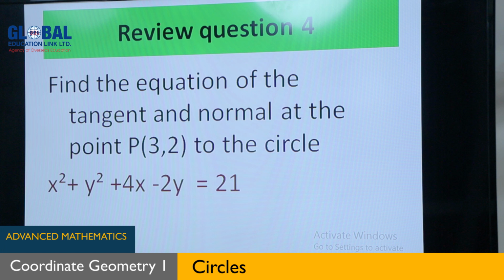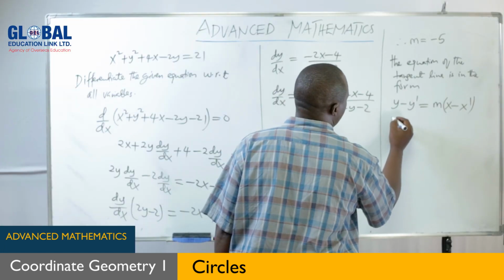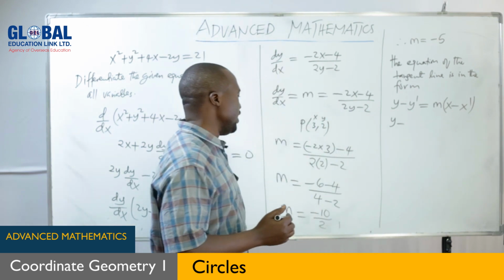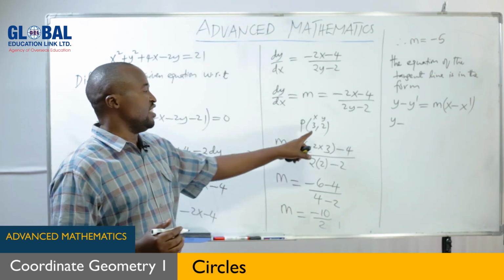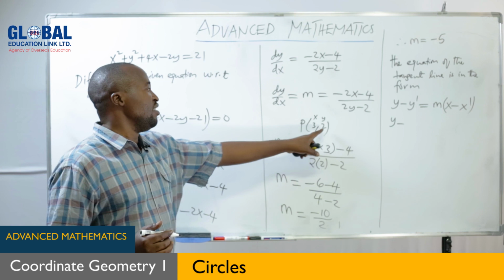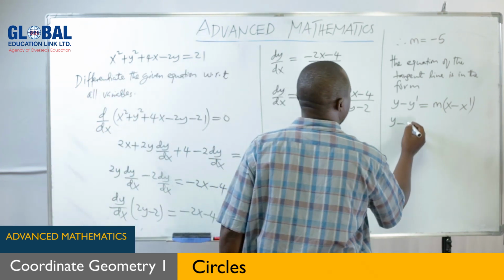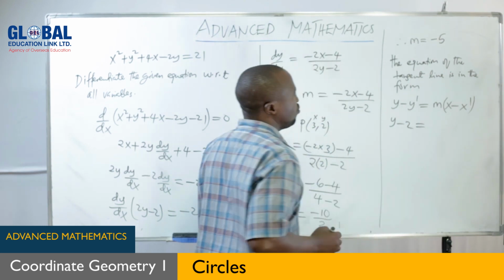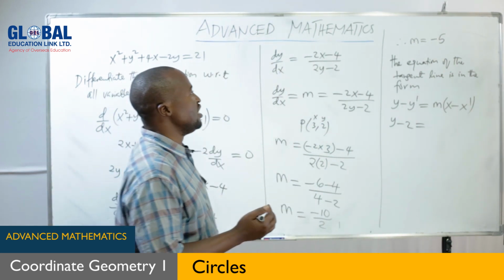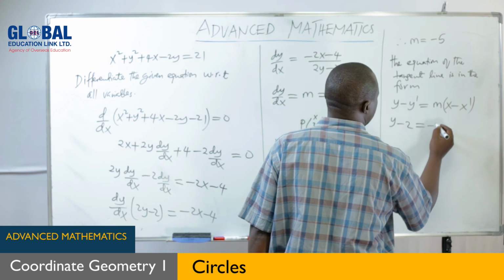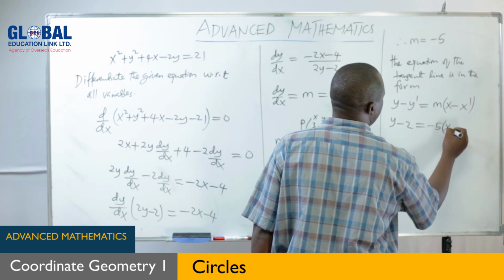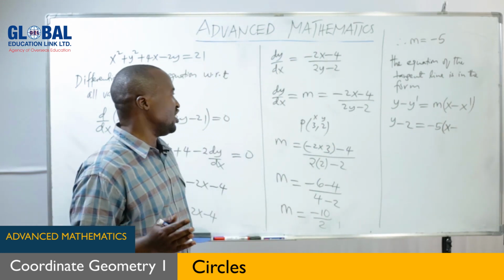So we have the coordinate. That is y minus y dash. Remember, we have the coordinate. Y dash is 2. So here, minus 2. This is equal to, we have m. M is negative 5. So this is negative 5 bracket of x minus x dash.